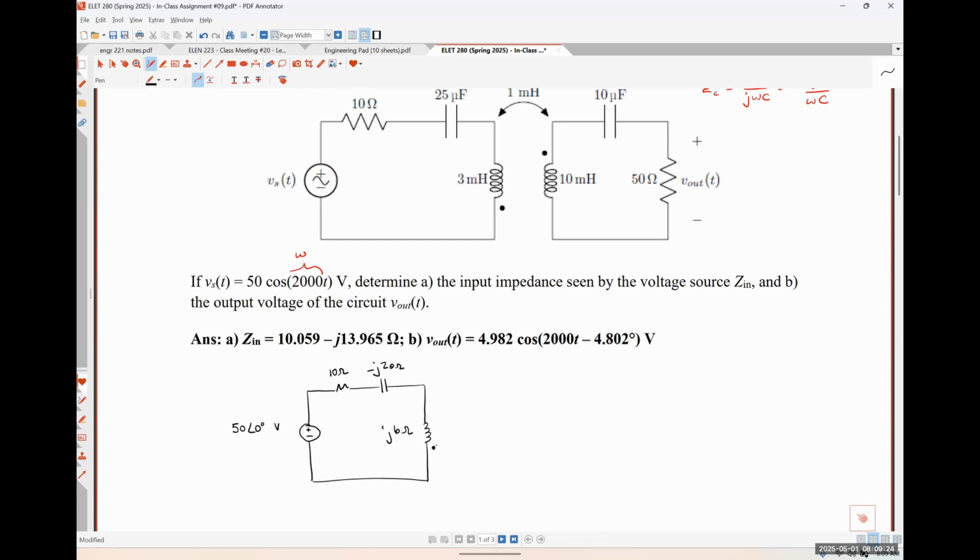Putting the dot on this side. For this 10 millihenry inductor, I'm once again just going to use that j omega L expression. I'm just going to replace the 3 from my previous calculation with a 10, and I get positive j 20 ohms.